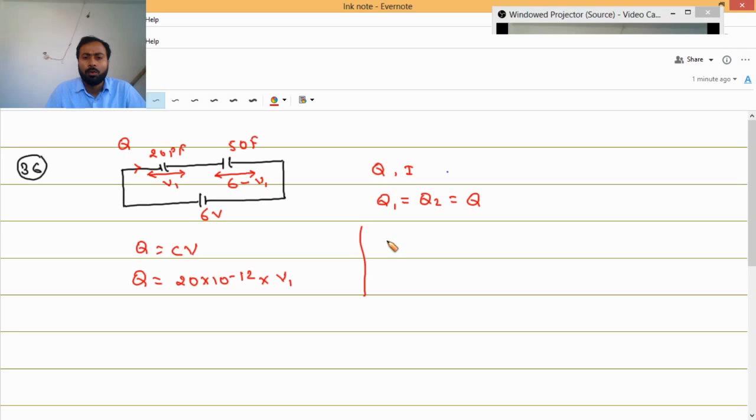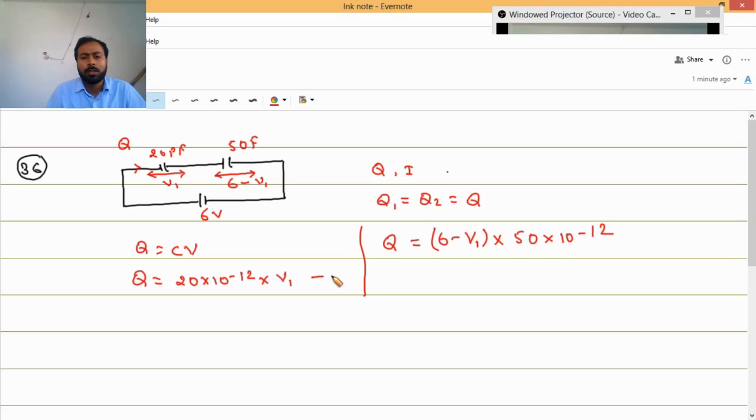And similarly from this capacitor, Q will be equal to 6 minus V1 into 50 picofarad, so 50 into 10 to the power minus 12.